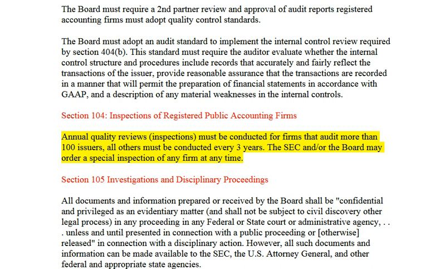This standard must require the auditor to evaluate whether the internal control structure and procedures include records that accurately and fairly reflect the transactions of the issuer, provide reasonable assurance that the transactions are recorded in a manner that will permit the preparation of financial statements in accordance with GAAP, and include a description of any material weaknesses in the internal control.